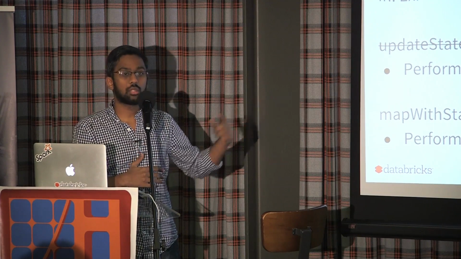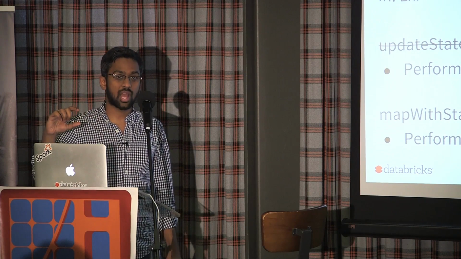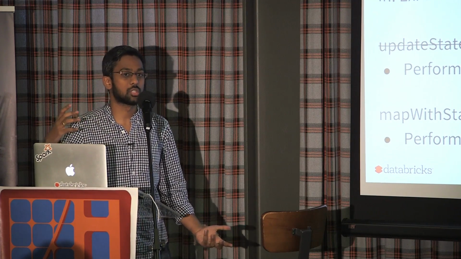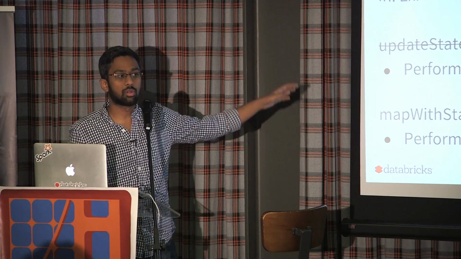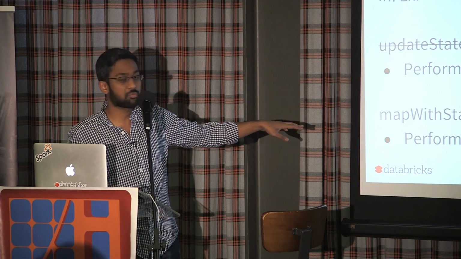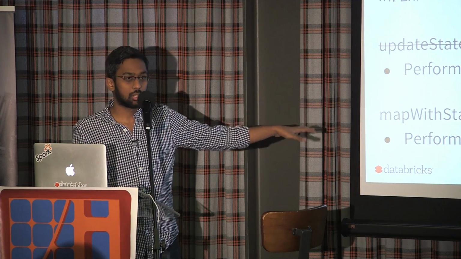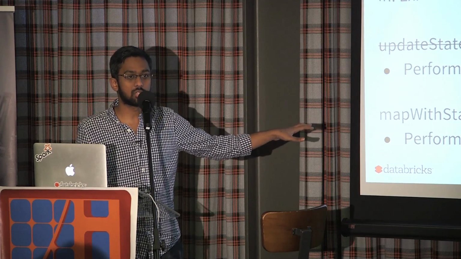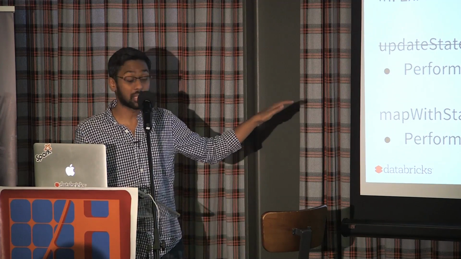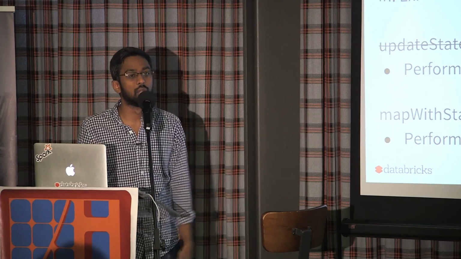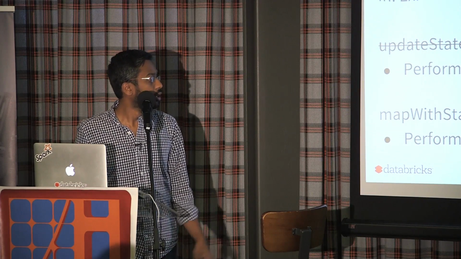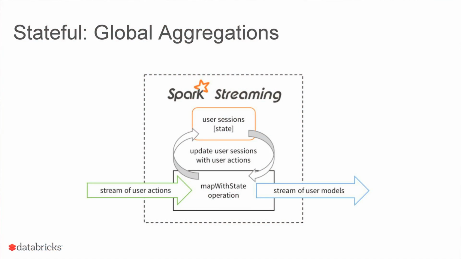Whereas with mapWithState, the performance is proportional to the size of the batch, which is the 100 words. So there is an order of magnitude performance difference between mapWithState and updateStateByKey, and mapWithState is the main thing people should be using for state management. I'll cover some details about mapWithState.